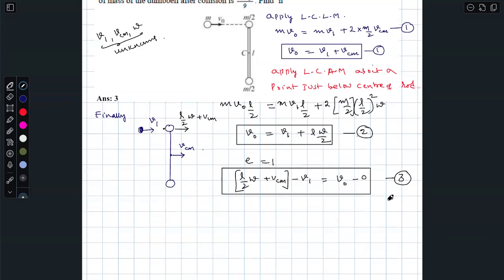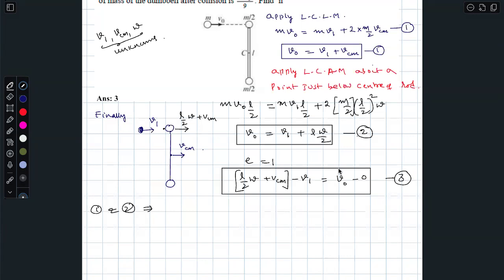By using these 3 equations, first of all, 1 and 2 imply the following. Any doubts? Clear?